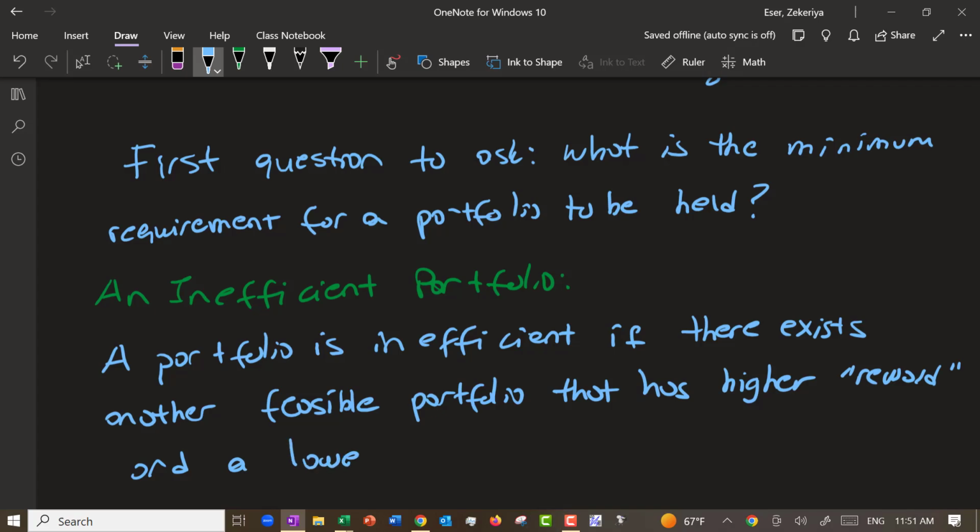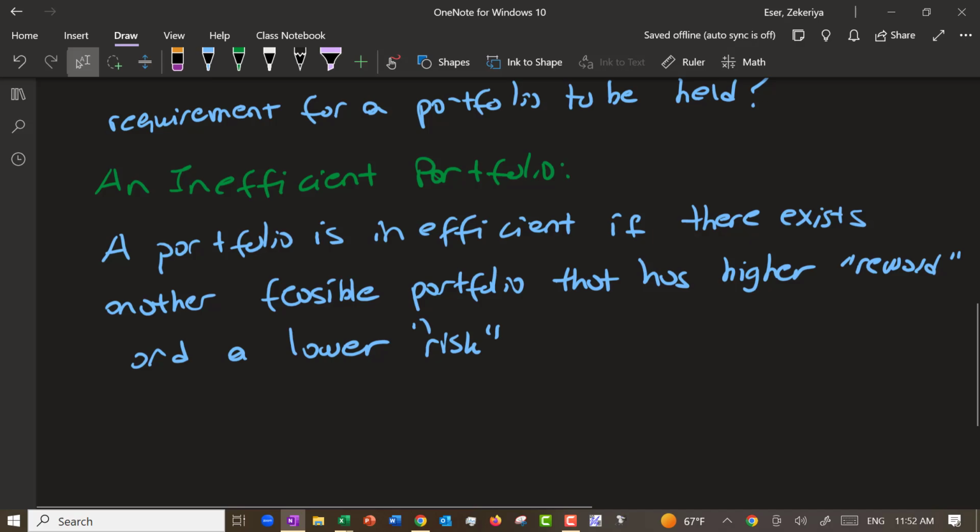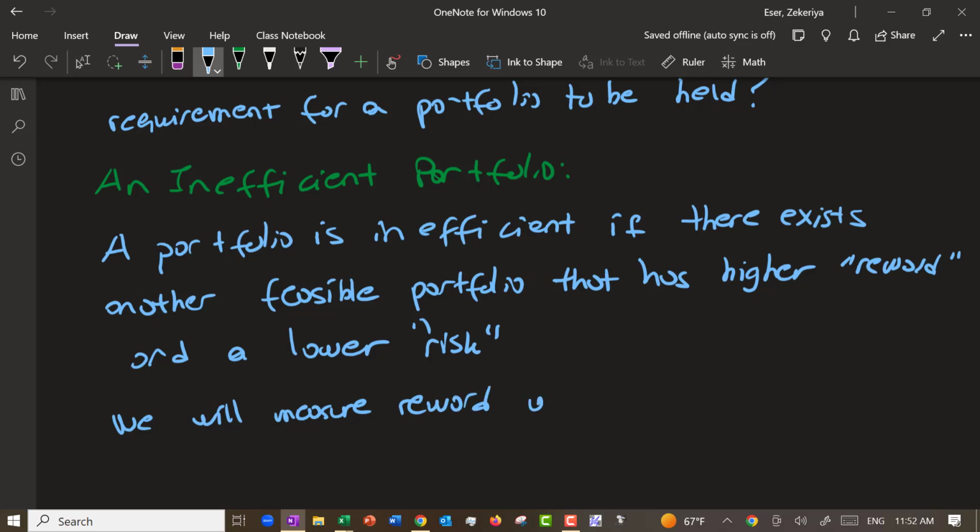For our illustration purposes, we're going to measure rewards with historical average return and risk with historical standard deviation.